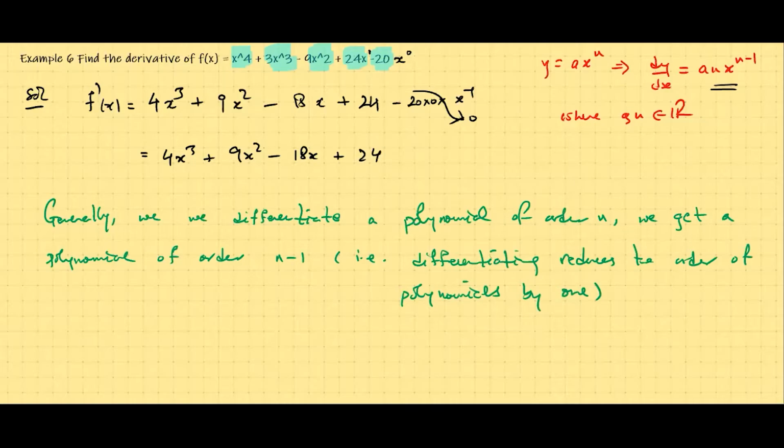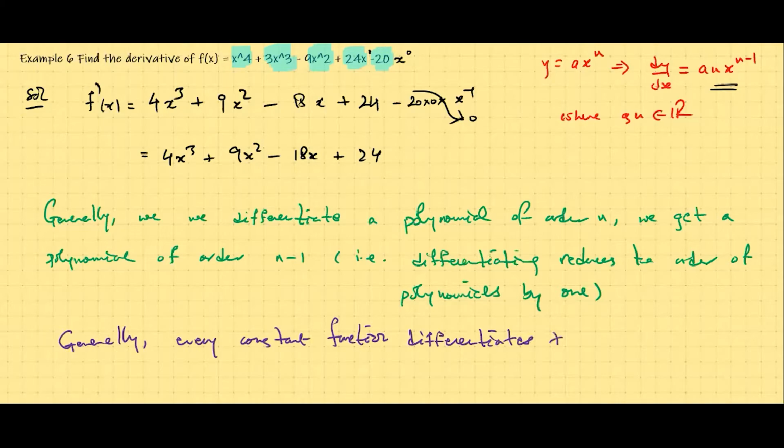The other thing which is worth mentioning, I will actually say it here. So generally, and this is a general statement, every constant function differentiates to 0. What do I mean by that?